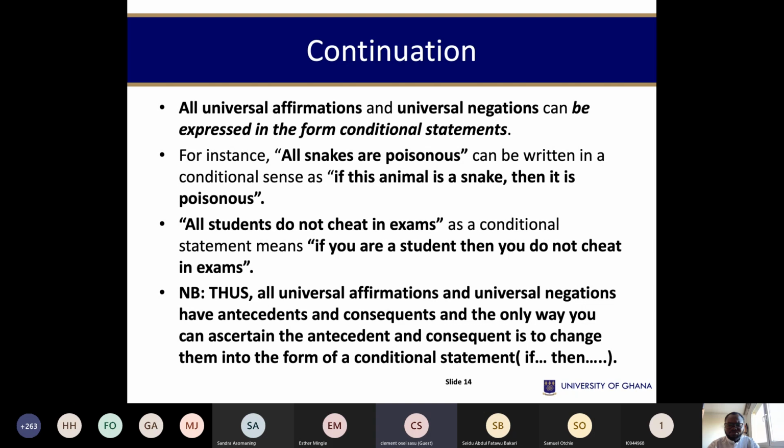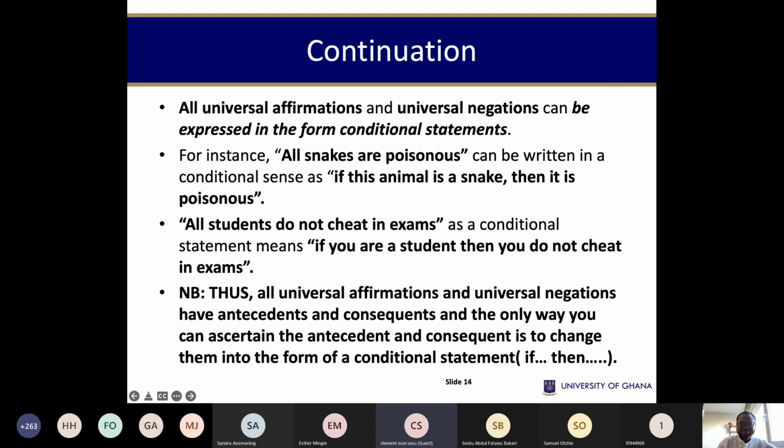Okay, so at this moment, I want you to give me your own examples of a conditional statement. You can just put your hand up and I will call you. So Israel, Malon, Emmanuel, Isuman. Let me start with Israel.